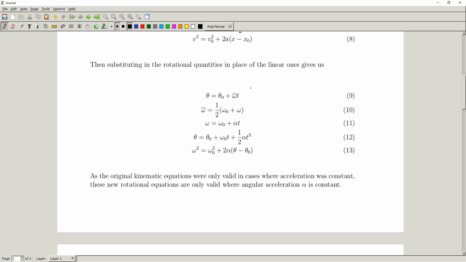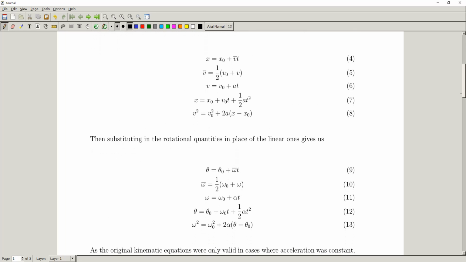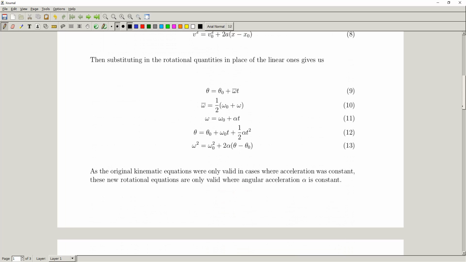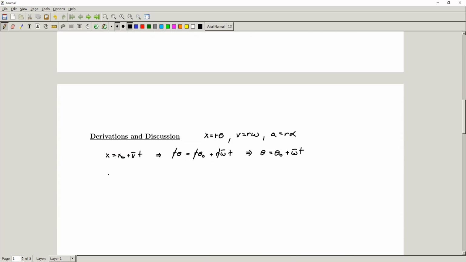We're going to see that they all relate sort of directly like this, right? So we'll do the second one. So average v is 1/2 v naught plus v, right? So we have average v is equal to 1/2 v naught plus v. If we substitute in for all these v's, we end up with r omega average is equal to 1/2 r omega naught plus r omega.